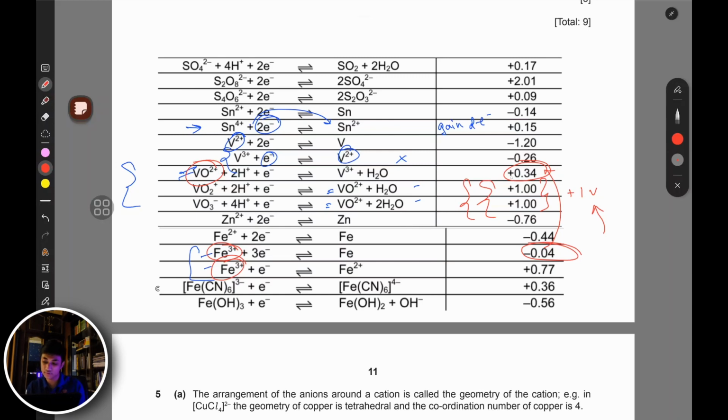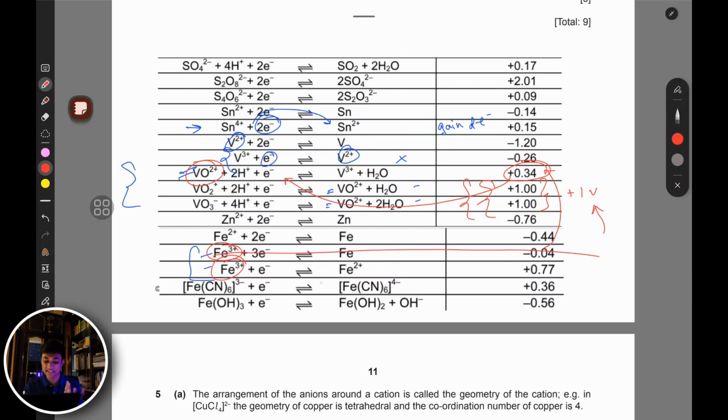So this is supposed to gain electrons. Is this gaining electrons? Yes, it is. But since iron has a more negative electrode potential, it was supposed to lose electrons. Fe3 plus was supposed to lose electrons, but it is gaining electrons. So no, this is not going to happen.